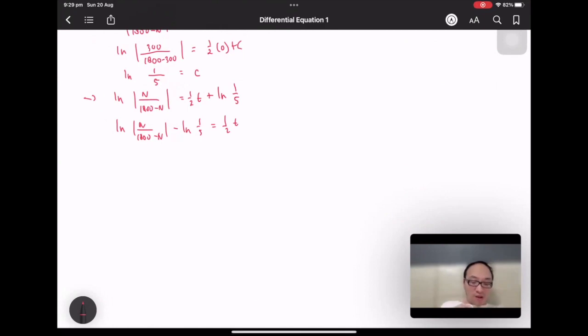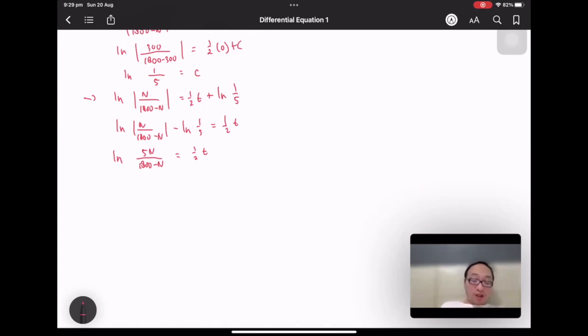So ln minus ln again, so it's divide. So it will become ln of 5n over (1800 minus n). Yeah, because I divide by 1 over 5, so I multiply by 5. Equals 1 over 2 t.